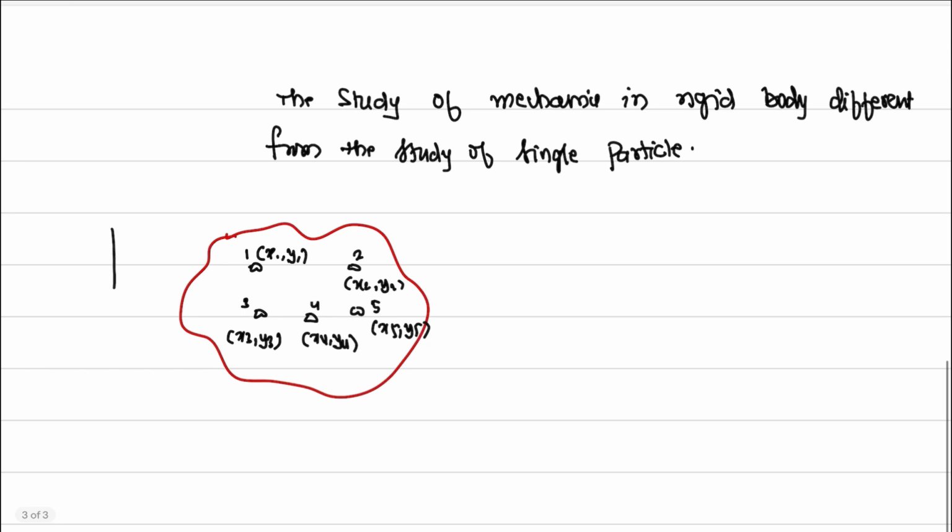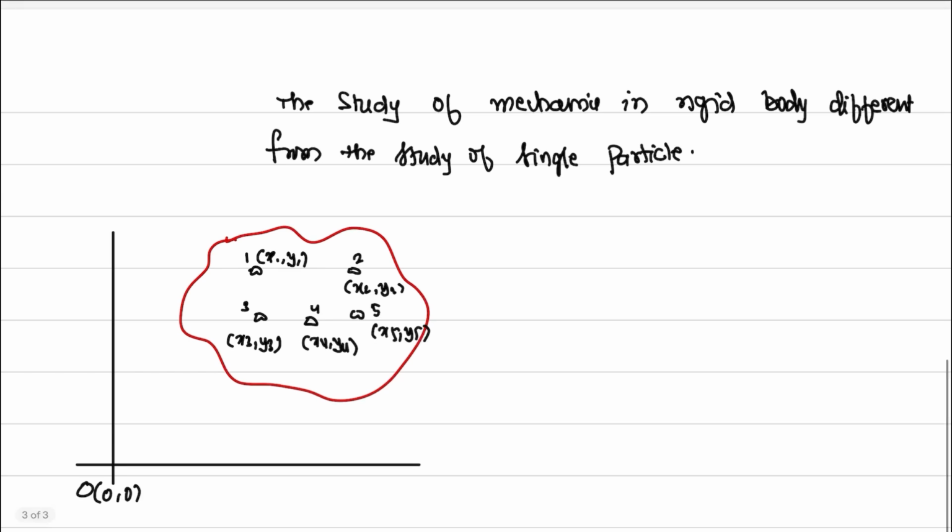Now let me say this particular rigid body has 5 particles. It is only an example. It is not possible for a rigid body to have only 5 particles. I am only taking 5 particles for our reference, for our understanding. And the reference is the origin, the universal origin. Without a reference, there is no meaning, either for distance or angle or anything.